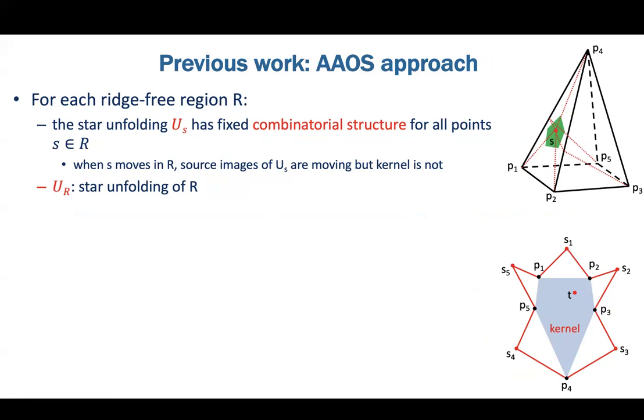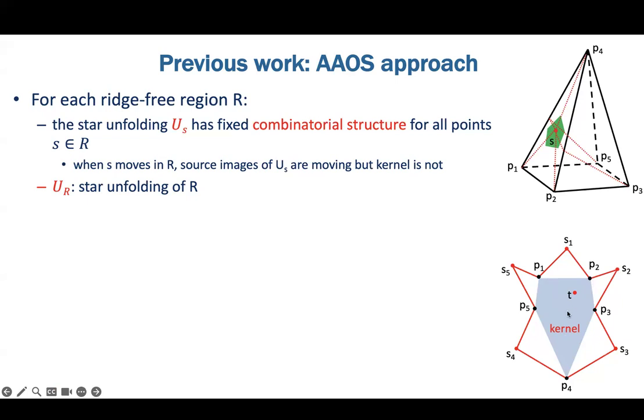So what does this combinatorial structure mean? It means, for example, if S moves in this green region, then the source images of the star unfolding, like S1, S2, will be moving, but the kernel is fixed. In other words, P1, P2, P3, P4, those points are fixed.